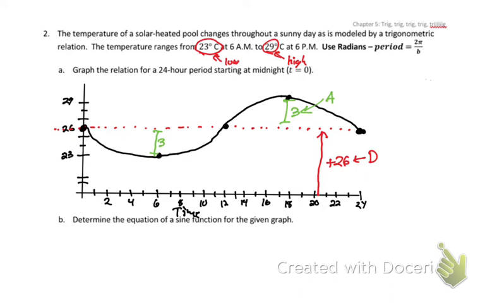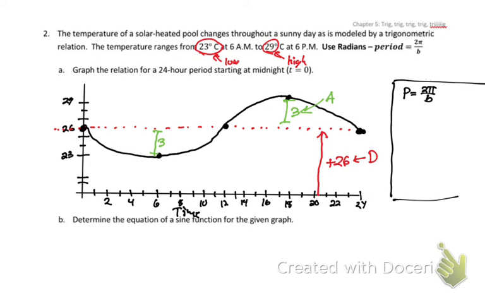So the last thing we need to do is just get the period. When I'm dealing with period, I'm always going to write this equation: period equals 2 pi over b. If you give me b, I can put it in there and get the period. If you give me the period, I can put it on the other side and get the b value. If you are given a graph or information, you have to find your b value.